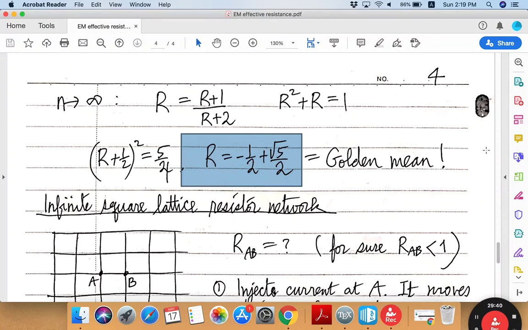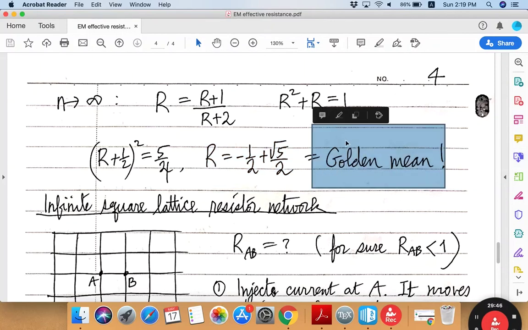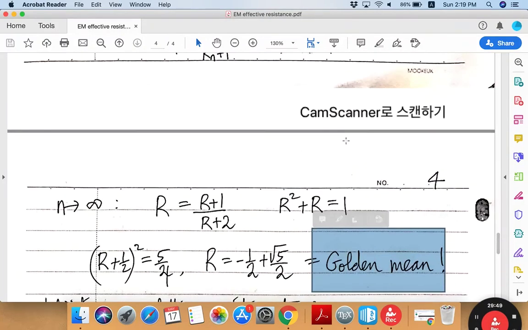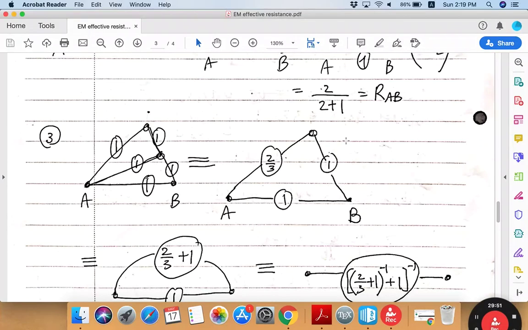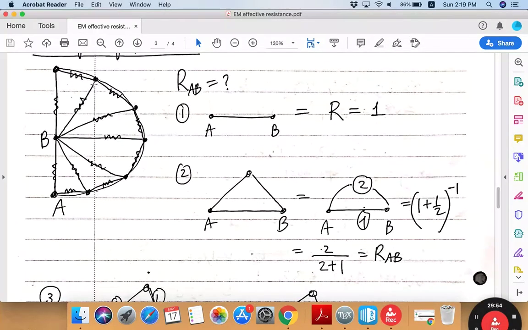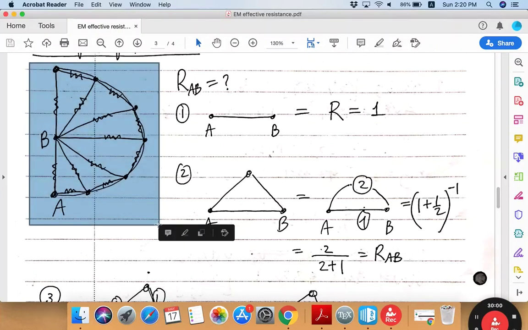So it's quite interesting that this number, which seemed to be a highly mathematical concept, can actually arise from this very, very mundane and pragmatic consideration of what happens if you have an infinite number of triangles all hooked up together by resistors having the same resistance, and then try to measure the resistance between two nearby nodes.